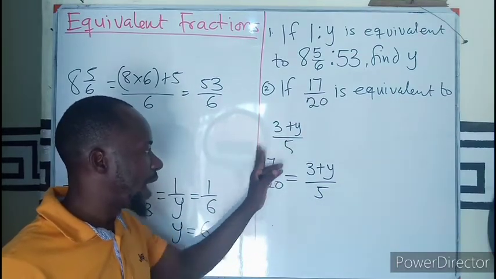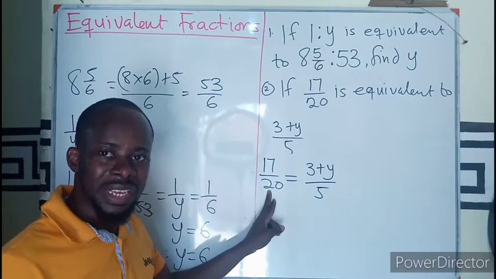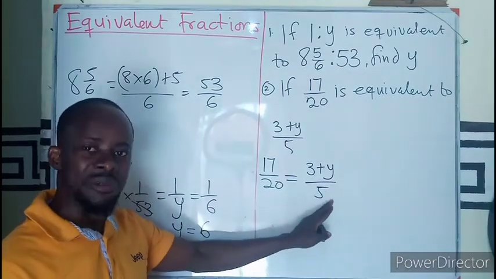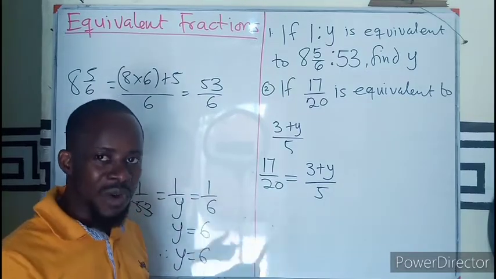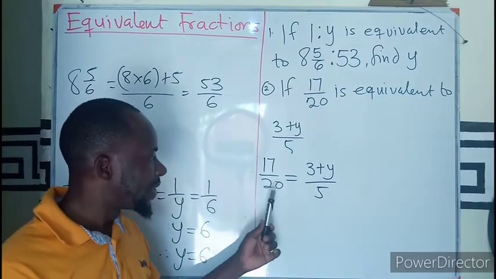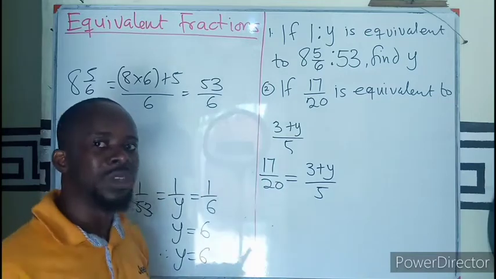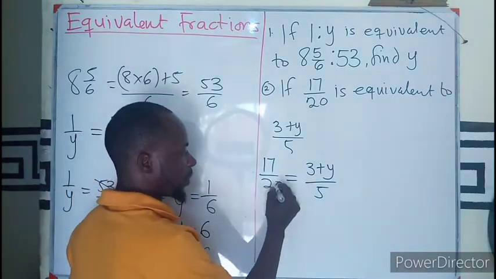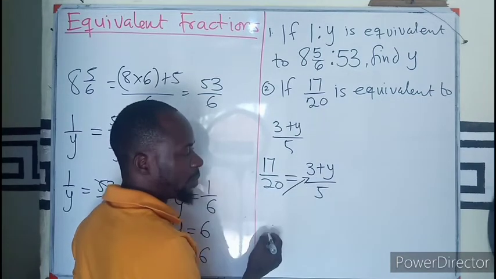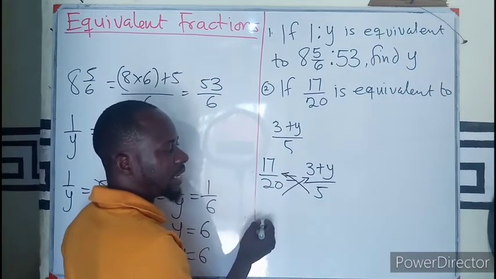Either we multiply through by 20 and then multiply through by 5 to clear the fraction, or we cross multiply or find the LCM, which in this case will be 20. But we can also do cross multiplication, meaning this will multiply that, and this will multiply this.